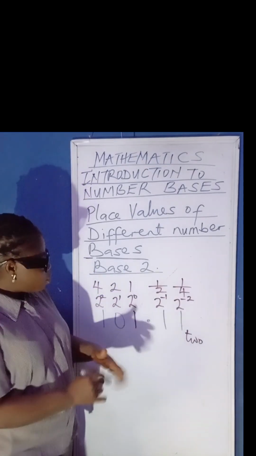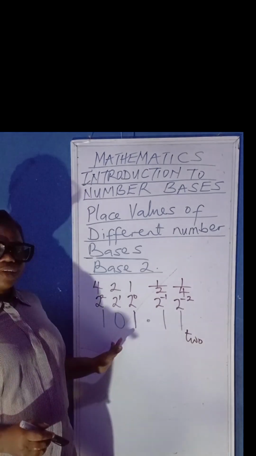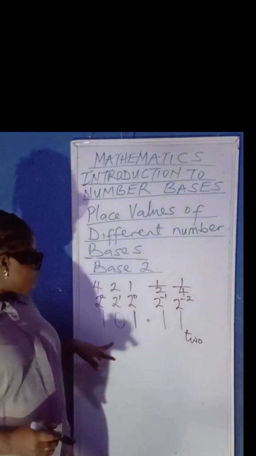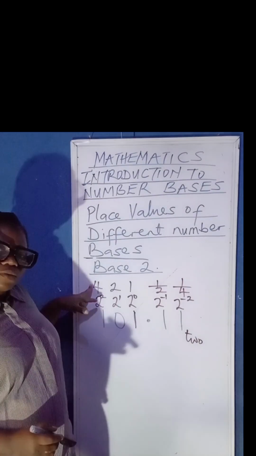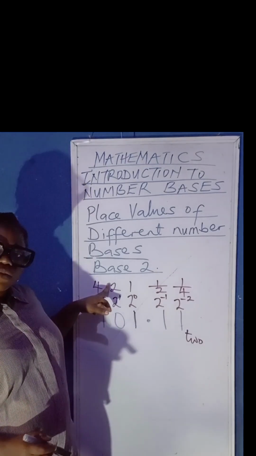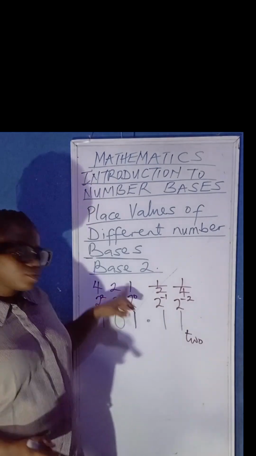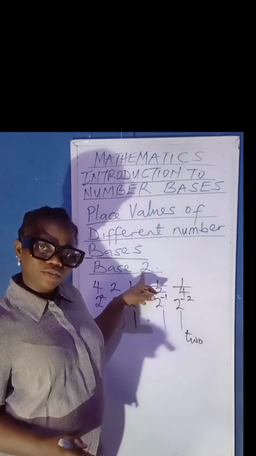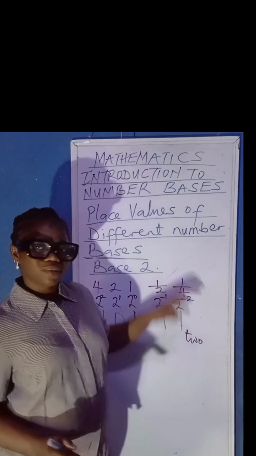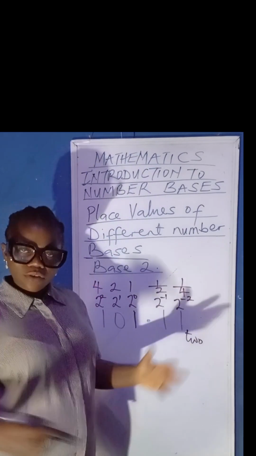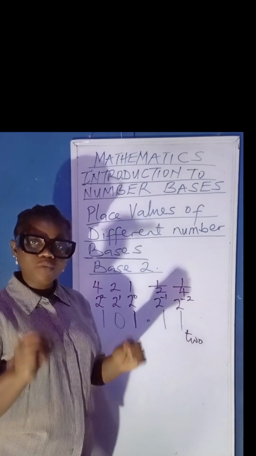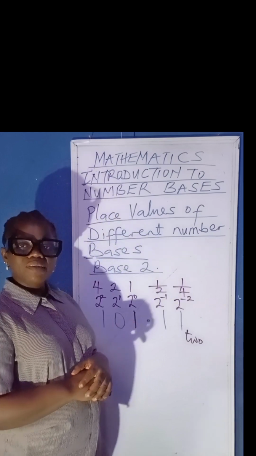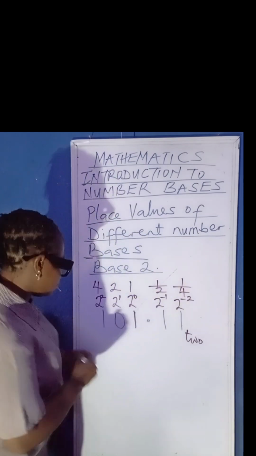So, looking at the value of each of these digits, it means we have 1 four, 0 twos, 1 one, 1 half, 1 quarter. Let us expand the number the same way we did with numbers in base 10.